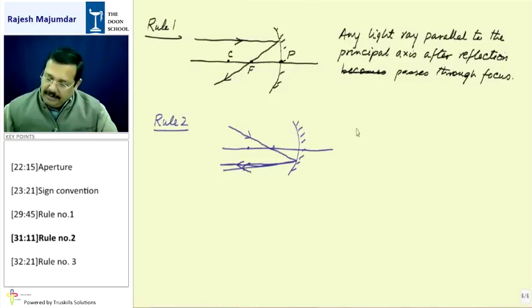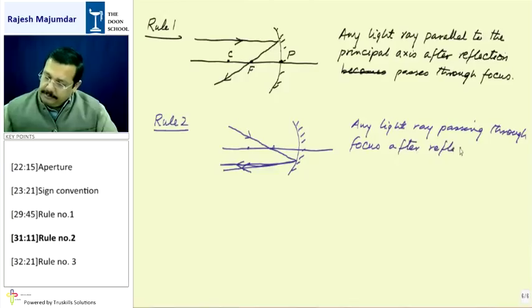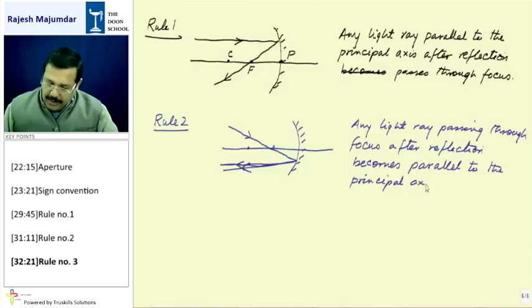Any light ray passing through focus after reflection becomes parallel to the principal axis.